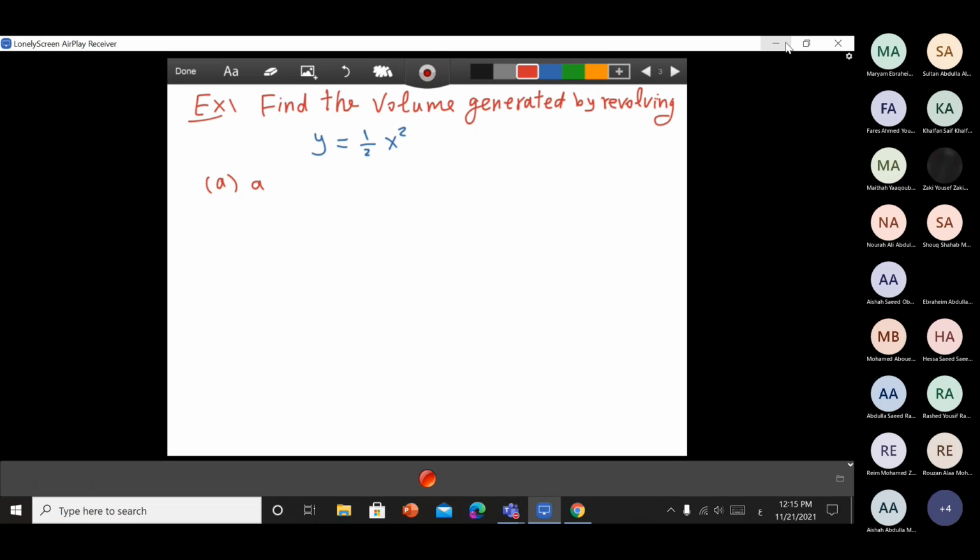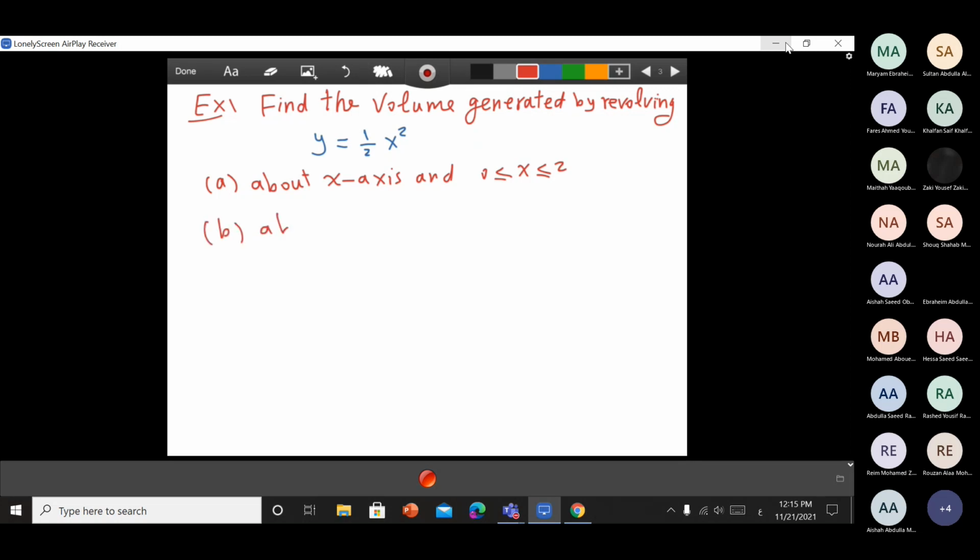About the x-axis, and what is the lower bound and upper bound? From 0 for x till x equals 2.